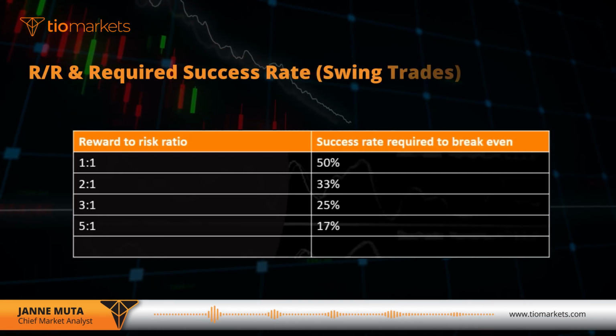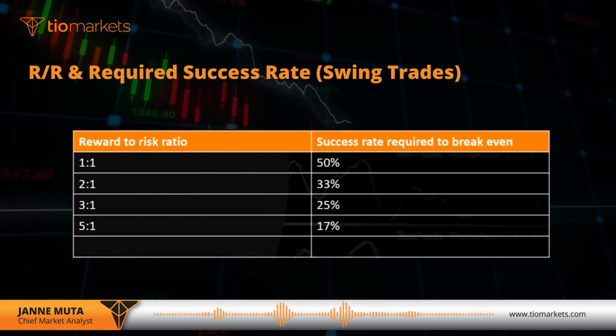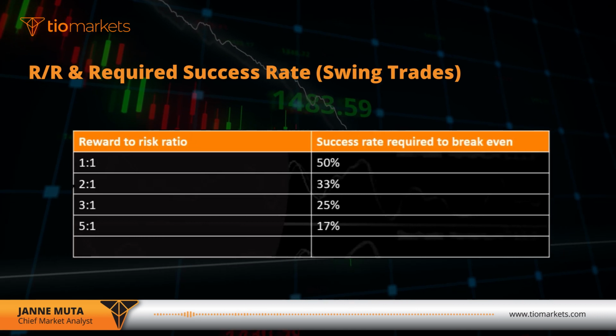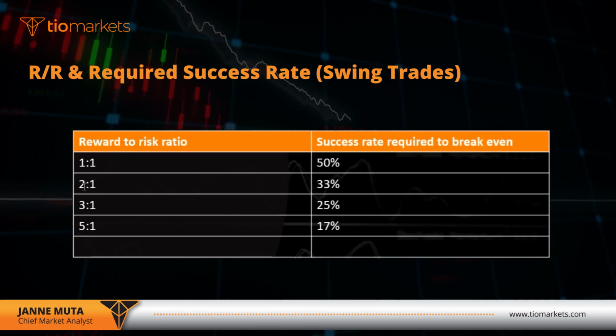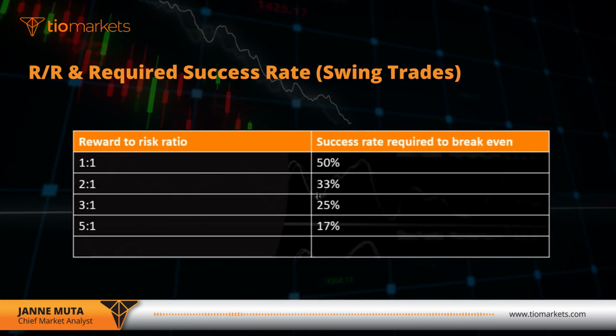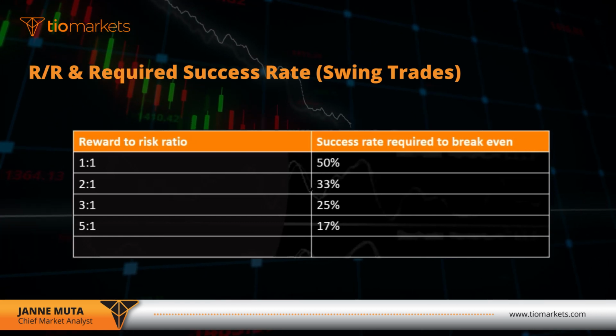Here I have the same table for swing trades. Basically, reward to risk ratio, if you are making twice the risk on average, then you only have to have 33% success rate to break even.